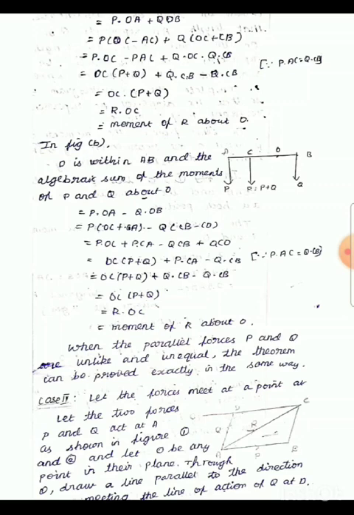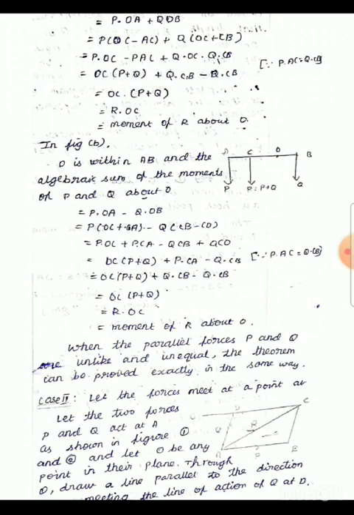In figure B, O is within AB, and the algebraic sum of the moments of P and Q about O can be written as P dot OA minus Q dot OB. We write OA as OC plus CA and OB as CB minus CO. Multiplying out, we get P dot OC plus P dot CA minus Q dot CB plus Q dot CO. Here we replace P dot AC with Q dot CB.